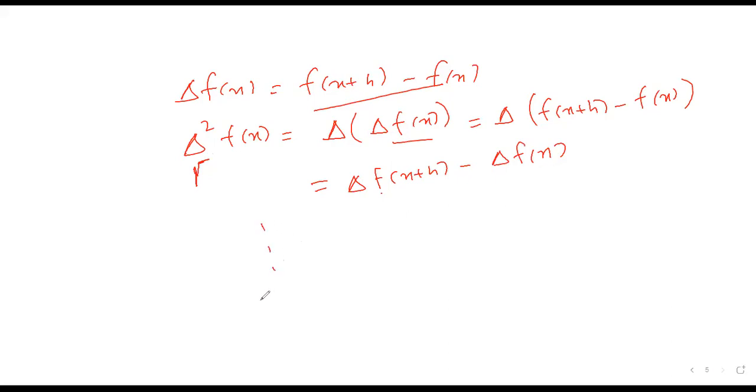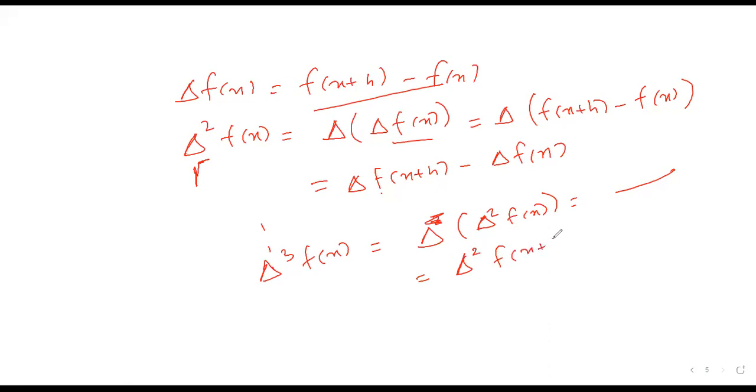Similarly, you can construct delta cubed f(x). This can be written using delta squared f(x). So the final will be delta squared f(x plus h) minus delta squared f(x).